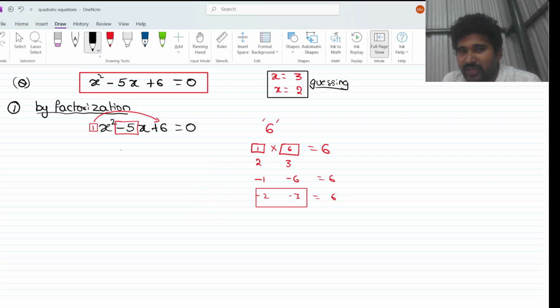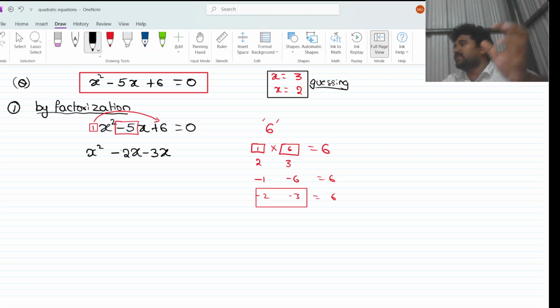This minus 5 you should write as minus 2 and minus 3, but it is multiplied by x, right? Minus 2x minus 3x. That 5 apples you are splitting as 2 apples and 3 apples. That's the meaning. Clear? Plus 6 equal to 0.